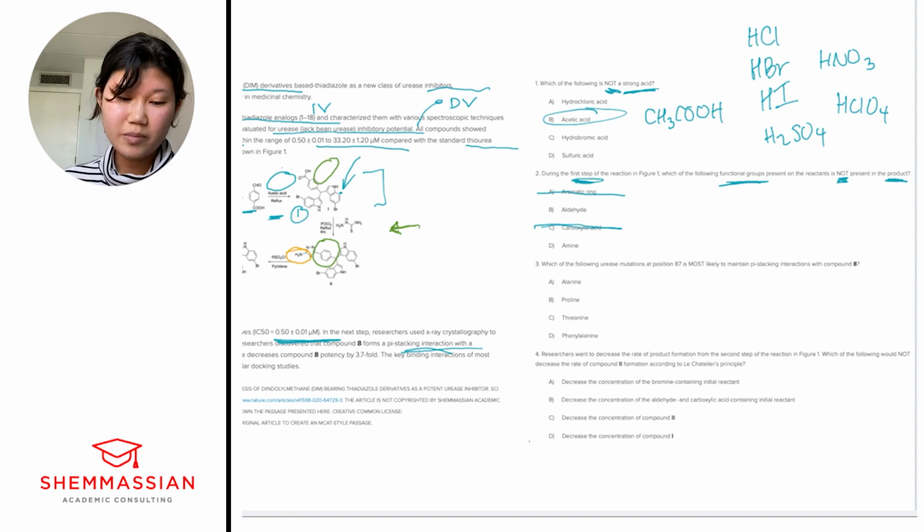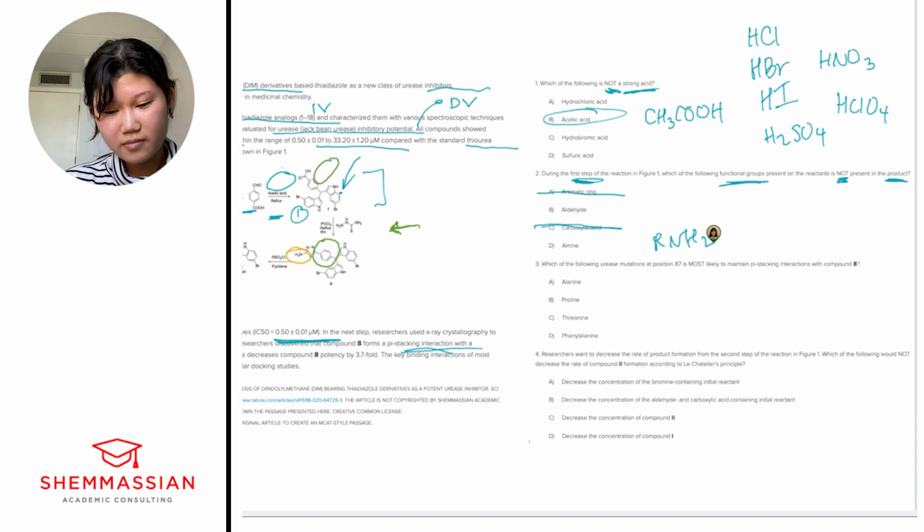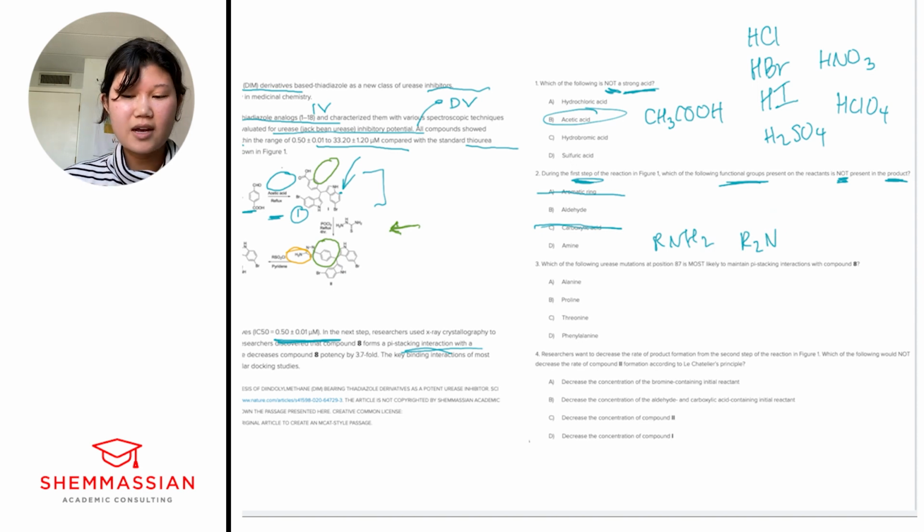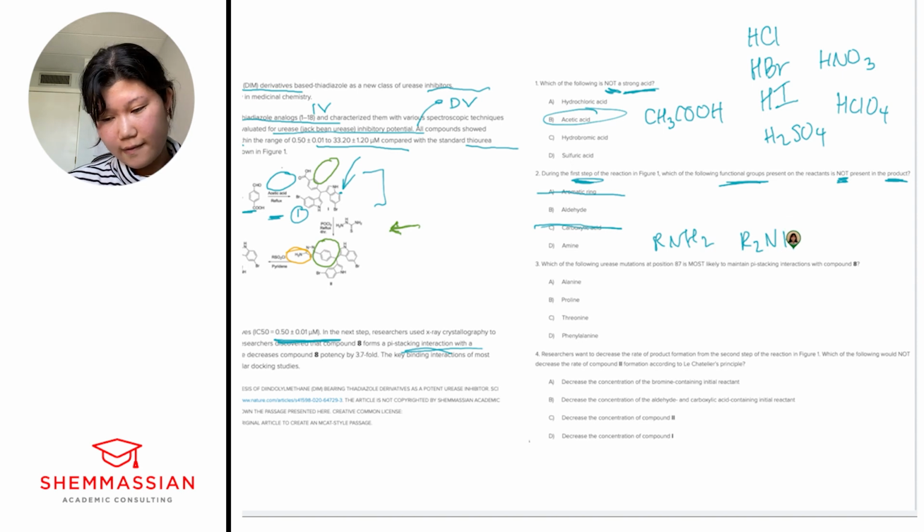What about an amine? So amine groups can be RNH2, R2NH, as long as nitrogen is attached to 3 different things, that's an amine group. Or R3N, NH3. So these are the amine groups.